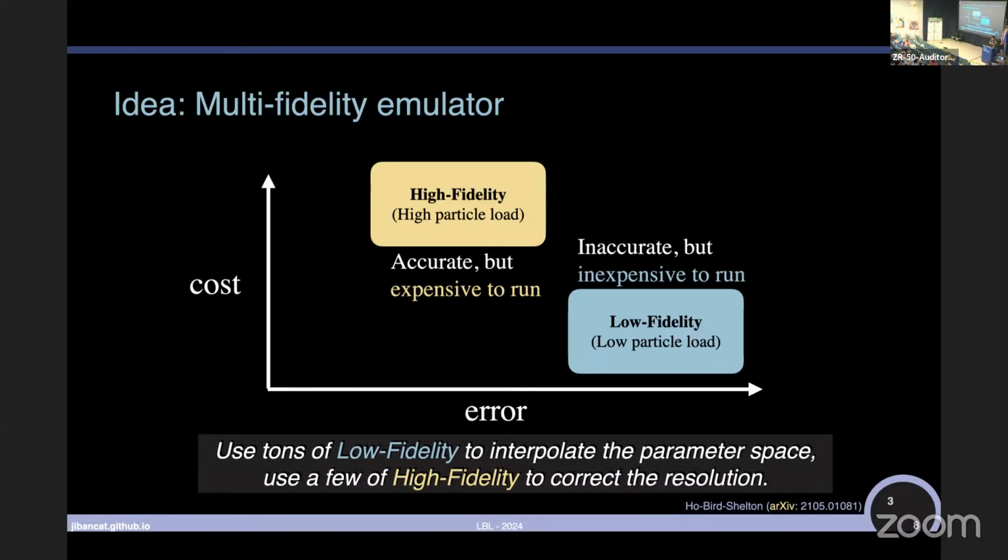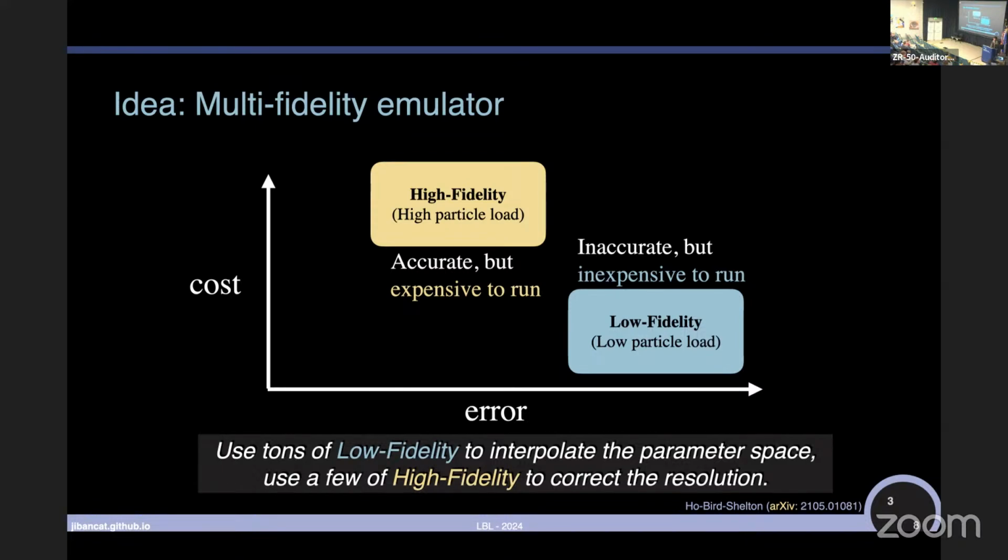And we use a few higher fidelity simulations to correct resolutions. So you have another machine learning model to help you upscale the resolutions from the low fidelity simulations to the high resolution simulations.